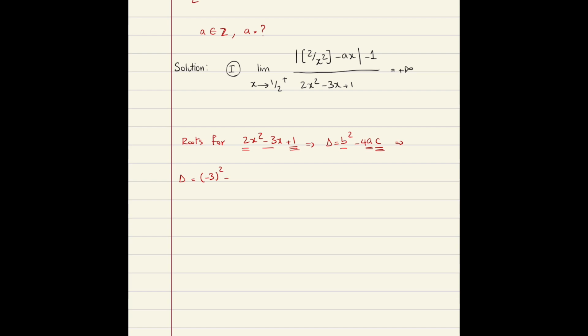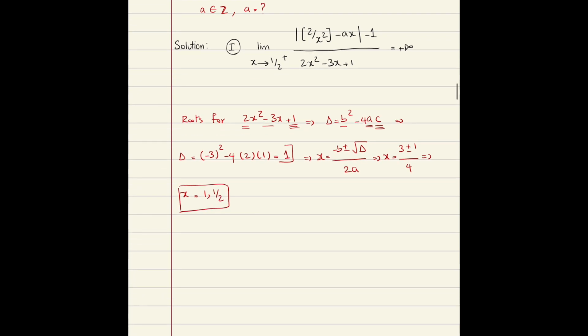So the answer for delta, or b squared minus 4ac, is equal to 1. Then, to find the roots, we have x equals -b plus minus root delta over 2a. And the x's would be equal to 1 and 1/2. So 1 and 1/2 are the roots for the denominator.